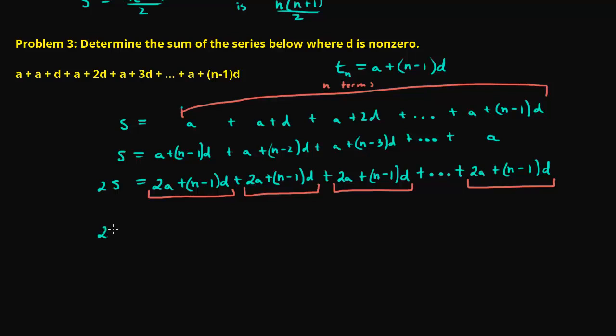So we have that 2s is going to be equal to n, because since there's n terms, I can change repeated addition to multiplication. I have that 2s is equal to n times the quantity 2a plus n minus 1 times d. If I want to isolate s, I can just divide both sides of this equation by 2. So I get that s is equal to n times the quantity 2a plus n minus 1 times d, all divided by 2.